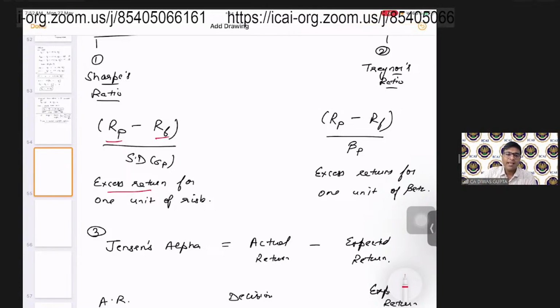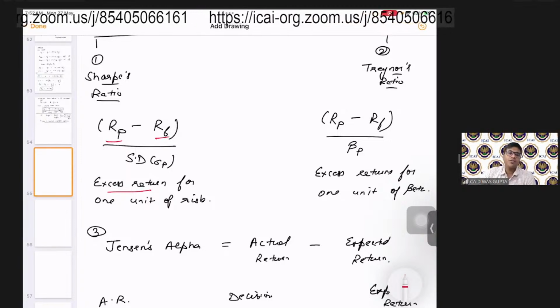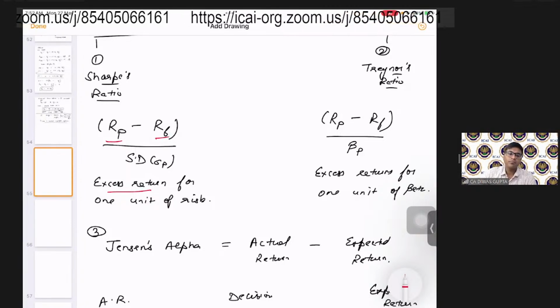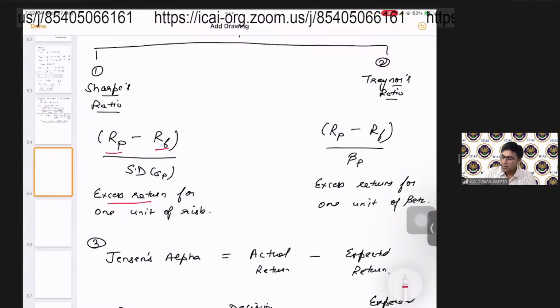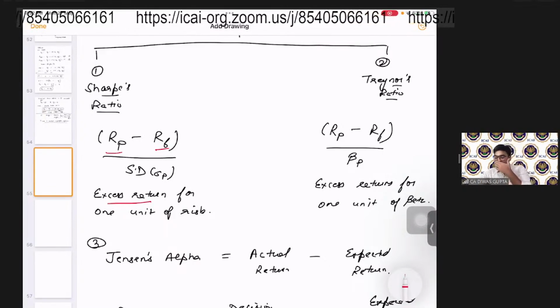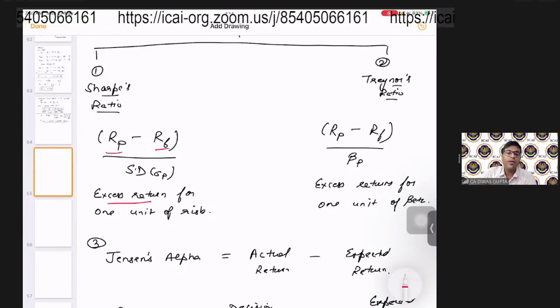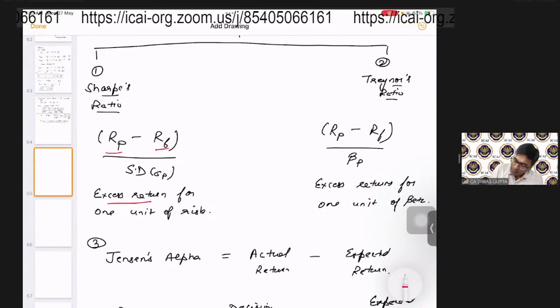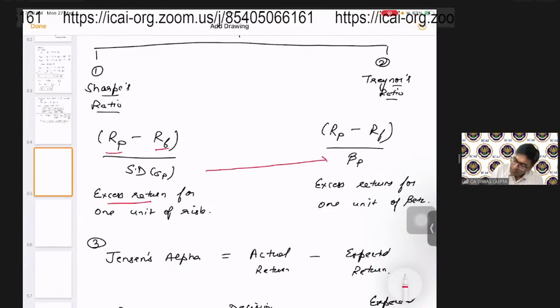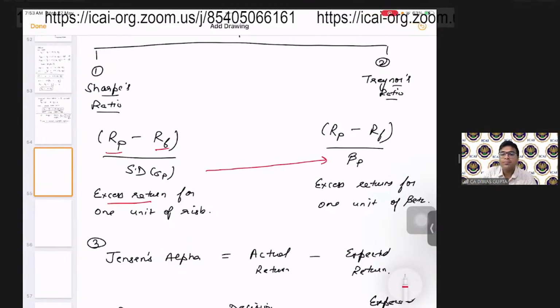So we call it the excess return for 1 unit of risk, students. Second one, Treynor's ratio. Treynor's ratio is the excess return for 1 unit of beta. So here you see, instead of standard deviation, beta is used.